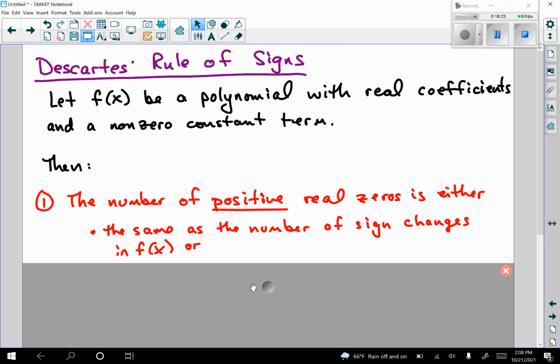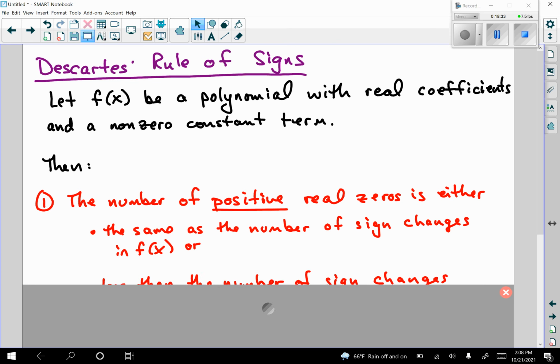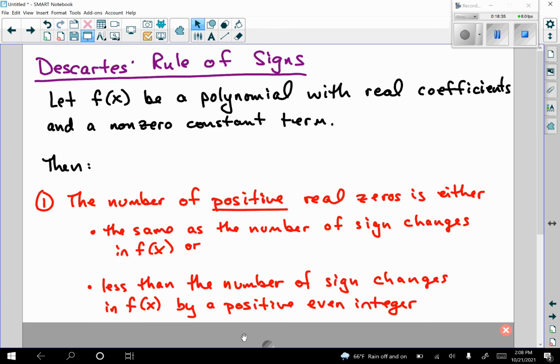So the number of positive real zeros is either the same as the number of sign changes in f of x, and again, feel free to pause the video as you go through this, or less than the number of sign changes in f of x by a positive even integer. And just wait for the examples. This rule will make sense.